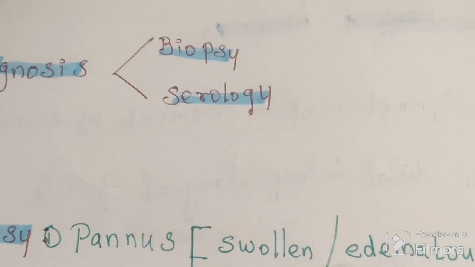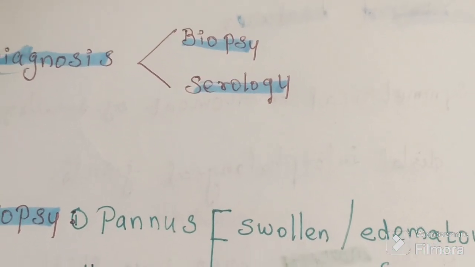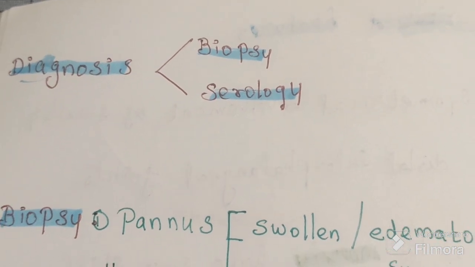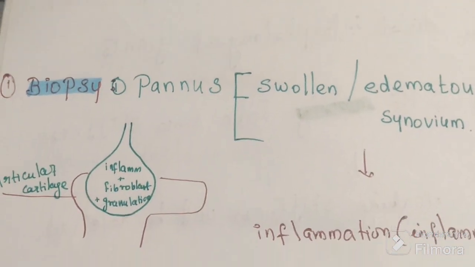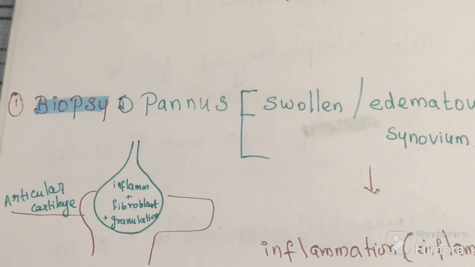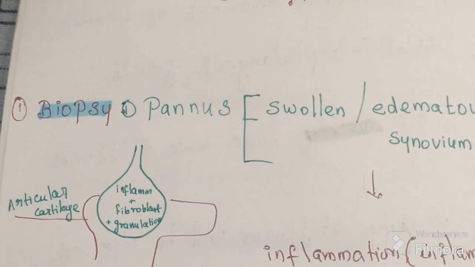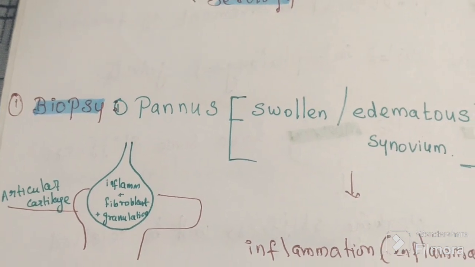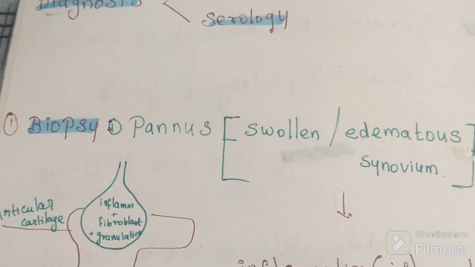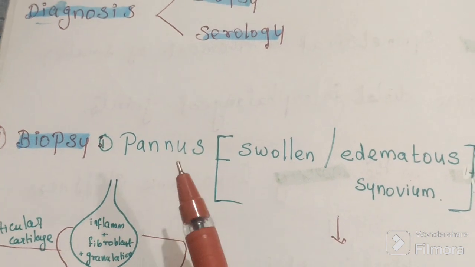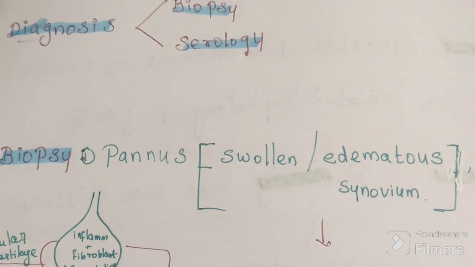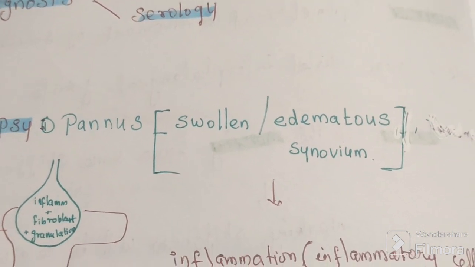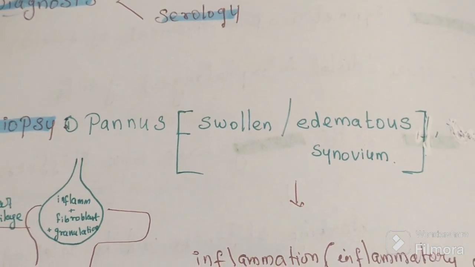Next, diagnosis. There are two things: one is biopsy, second is serology. First is biopsy. What will you observe in rheumatoid arthritis? It is called pannus. Pannus is the characteristic feature of rheumatoid arthritis.